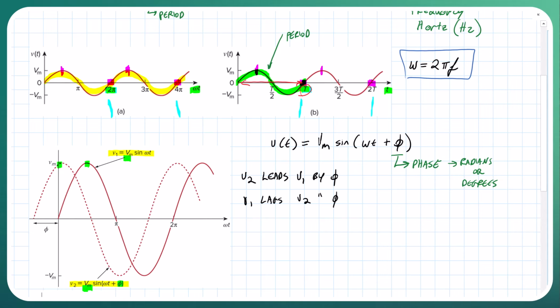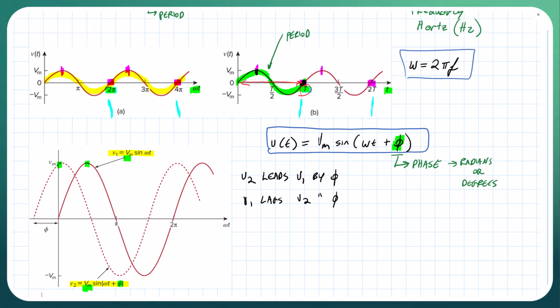So in general, if you come back to this equation here, if we have two sinusoids and you see that this phase is not zero, then we say the signals are out of phase.